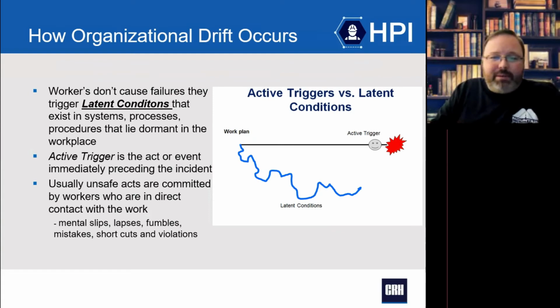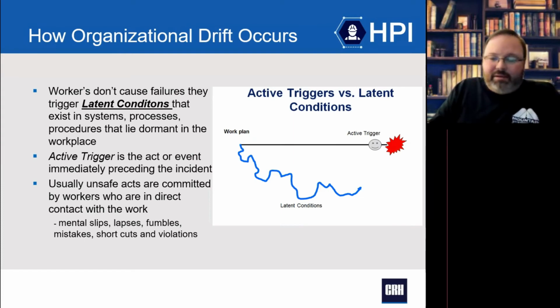It could be as simple as a hose stretched across the parking lot. It's always there. And until somebody trips over it, nobody looks at it as a hazard because, as far as they know, it's always been there. And then somebody trips over it, that's the active trigger.